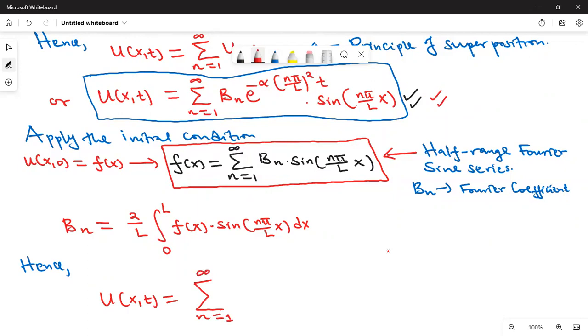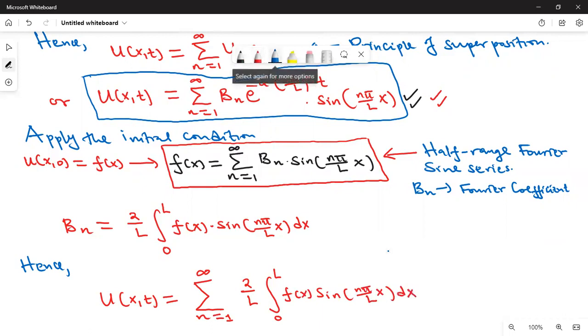Remember, n is a natural number all the way from 1 to infinity. B subscript n, we have found: 2 over L, the integral from 0 to L of f of x times sine n pi over L x dx.